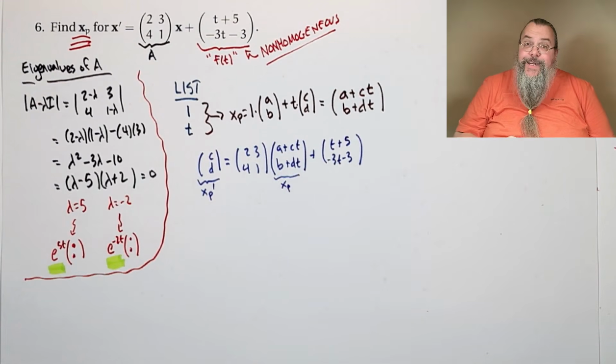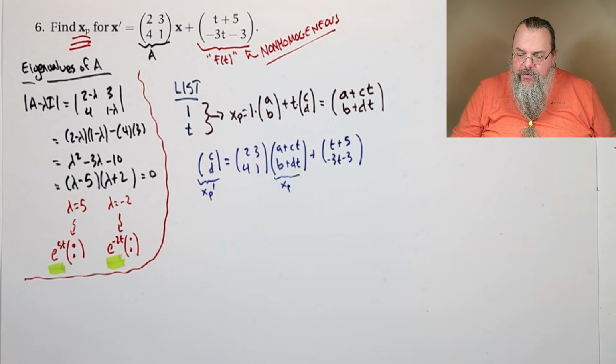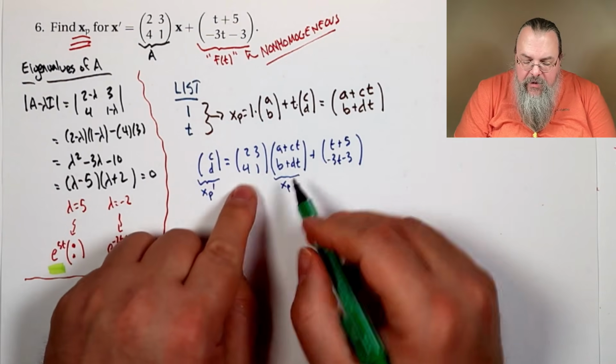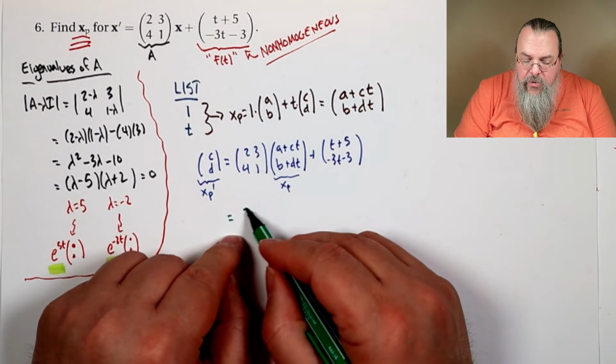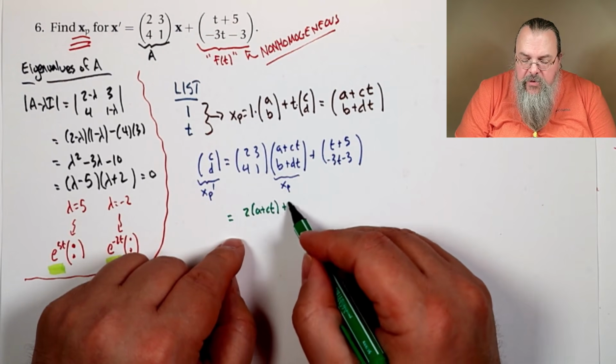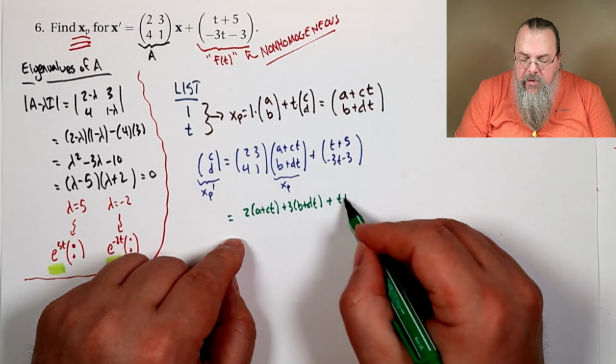Well, let's clean up this right-hand side. That's going to take us a minute or two. We'll start by multiplying this out. So the first entry is 2 times a plus ct plus 3 times b plus dt plus t plus 5.